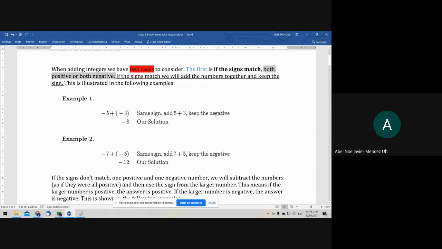This is the condition. Both positive or both negative. I'm going to put it in another color.